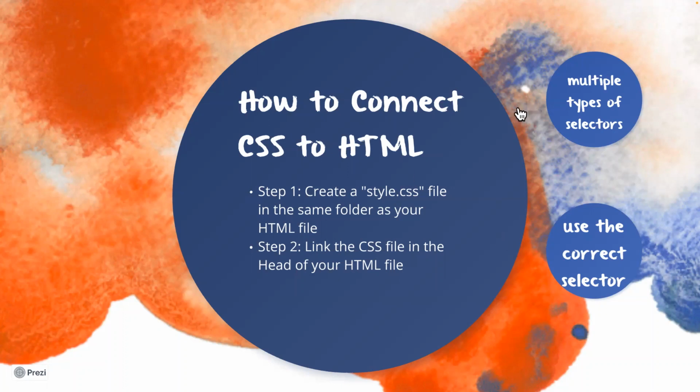Okay, so now that our files are connected, once we attach that link in the head of our HTML that grabs our CSS file, we want to connect the rules that we write in our CSS to specific parts of our HTML page.